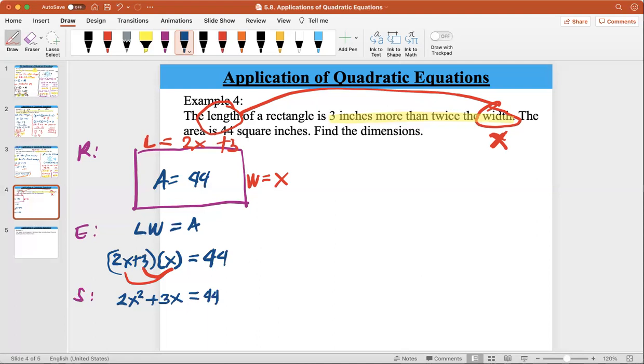Now you subtract both sides by 44, so that our right side will be 0. Now we have 2x squared plus 3x minus 44 equals 0.